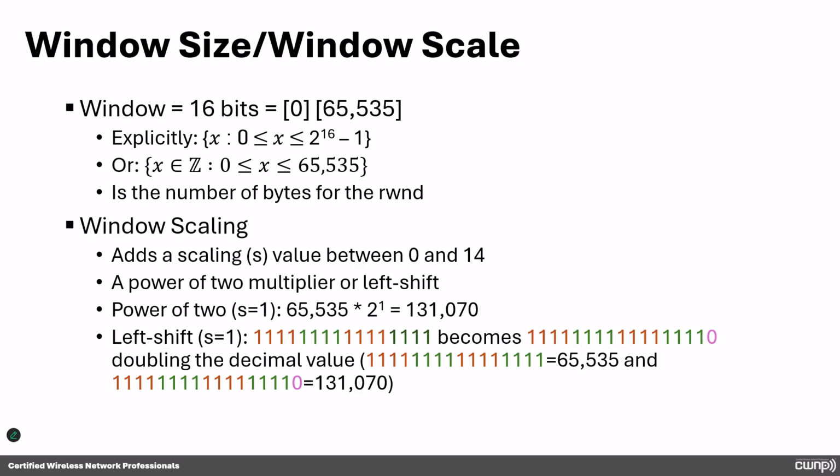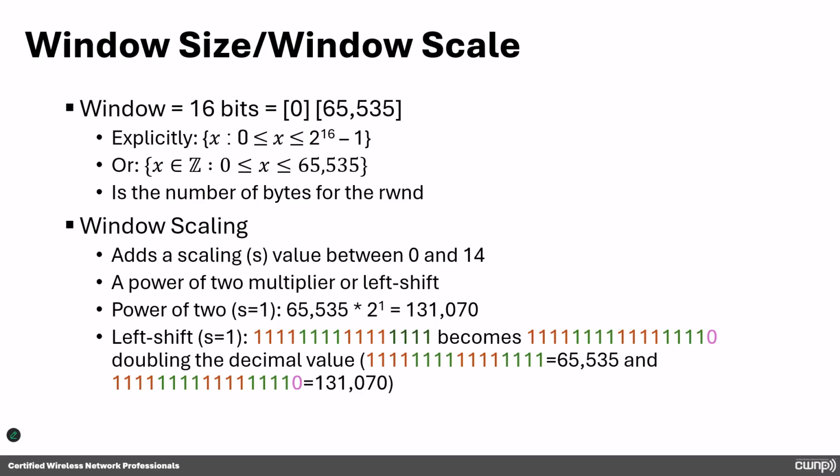So if you take, for example, 16 ones, and then you put 14 zeros to the right, shifting all the 16 ones to the left, you're going to end up with a new value of 1,073,709,056, which is the maximum that you can get to with a 65,535 window and a scaling factor of 14. So it's kind of interesting that the left shift concept is a quick way to play with these values and see how they work.